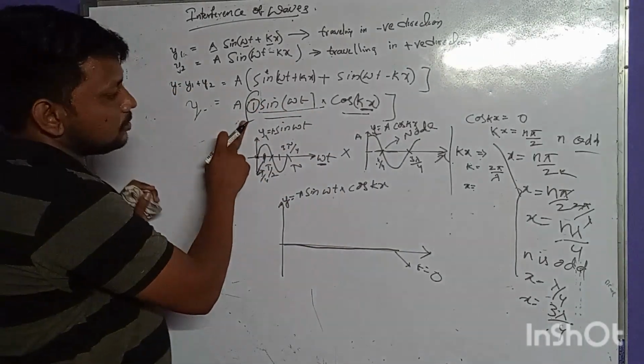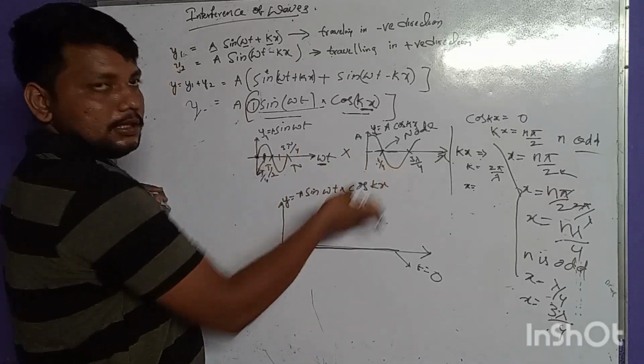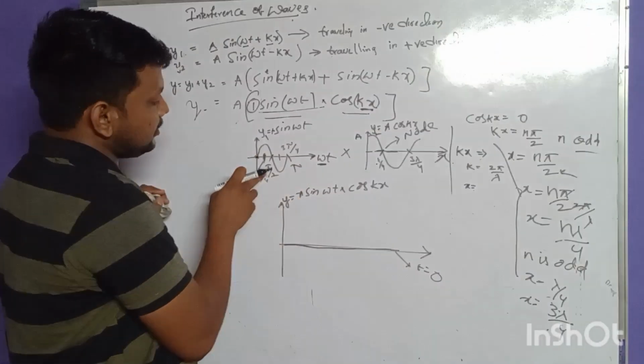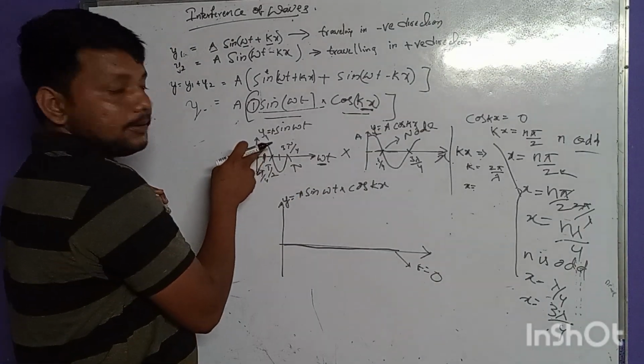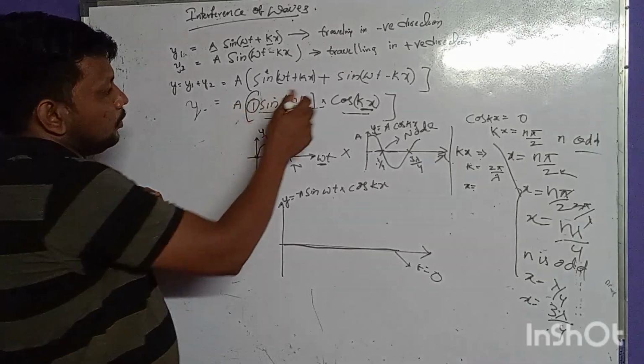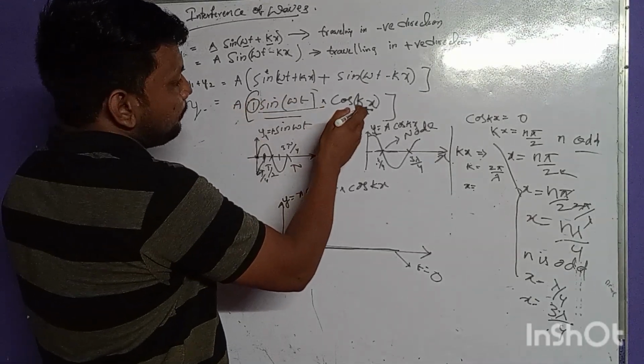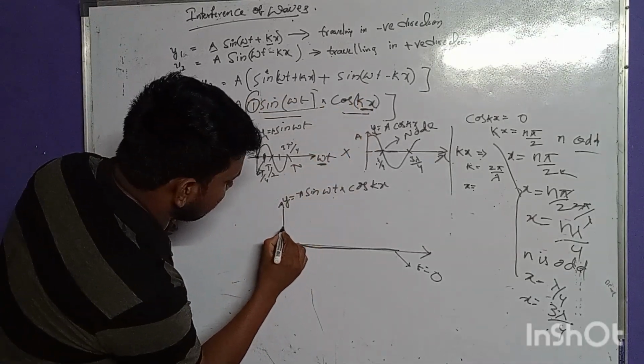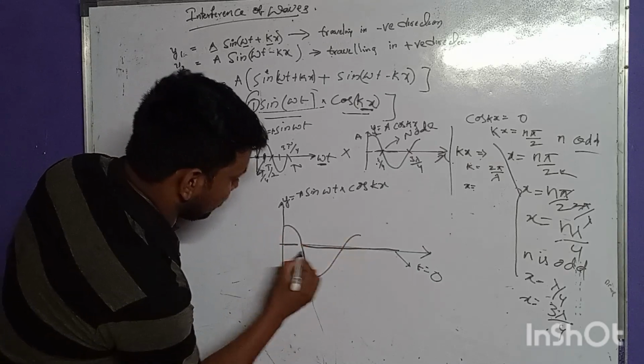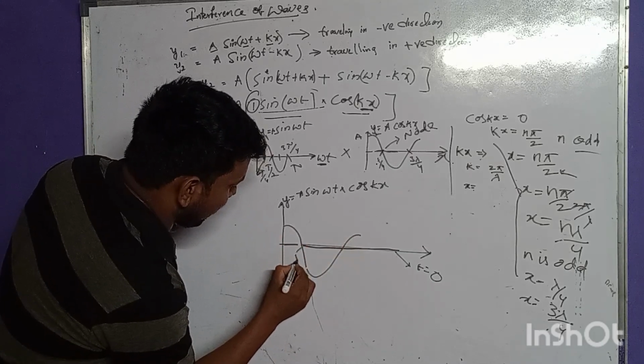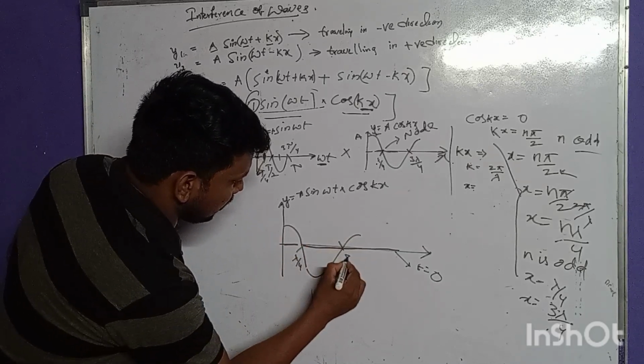At t is equal to 0, 0 into something is 0, right? At t is equal to tau by 4, I get the maximum peak. So this is 1 and cos kx. I get this waveform, right? This is lambda by 4, 3 lambda by 4.